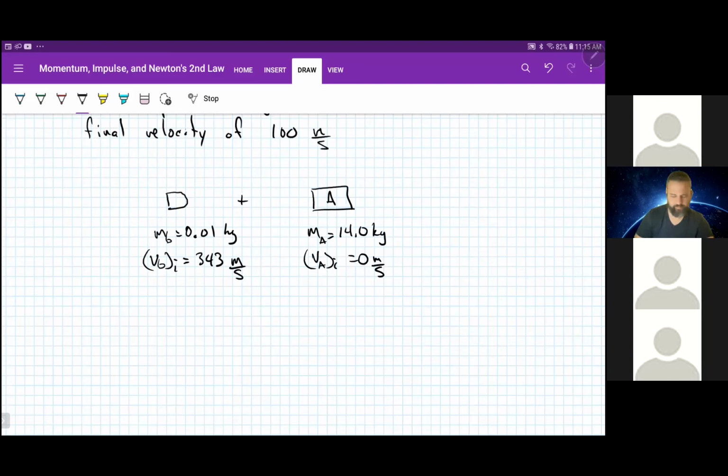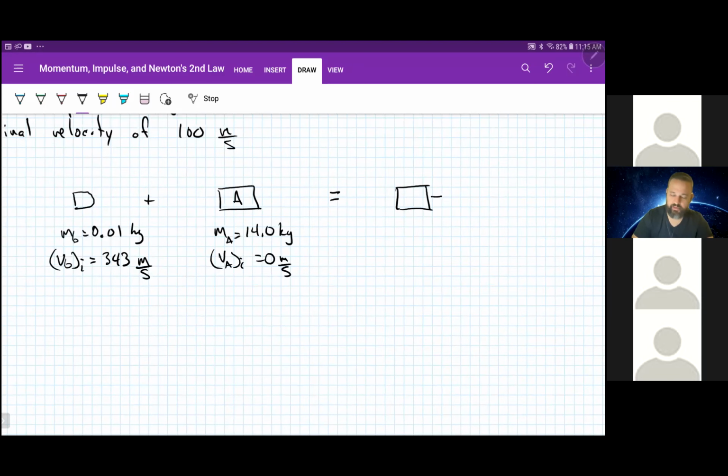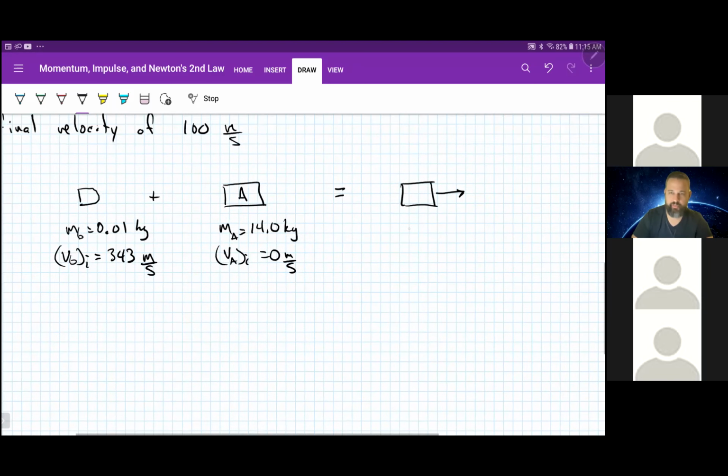After the bullet passes through, the block is still going to gain some velocity. The mass doesn't change, it's still 14.0. Well, it'll change a little bit, but we're going to ignore that.